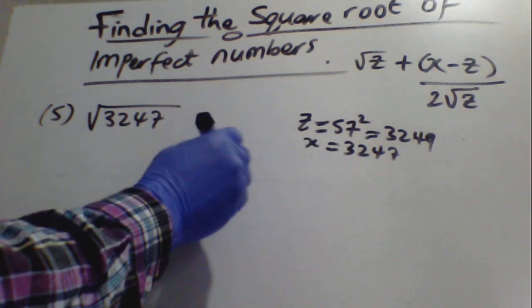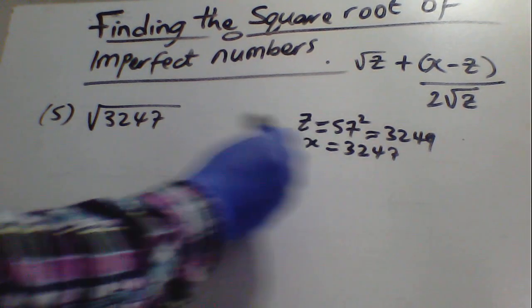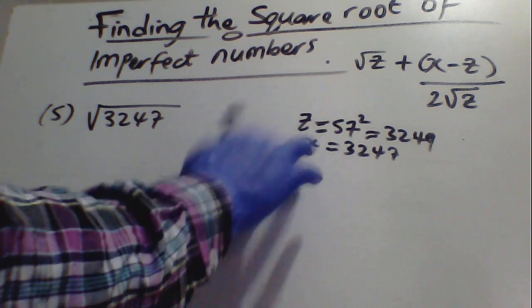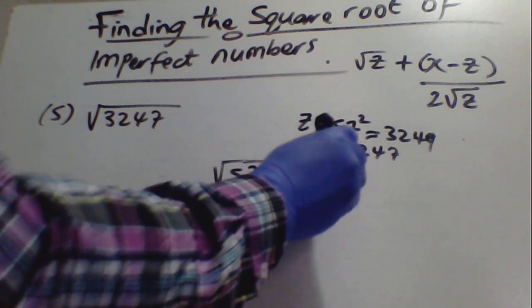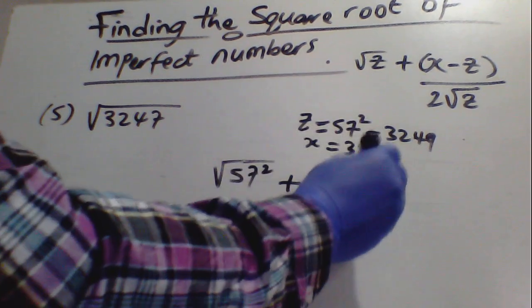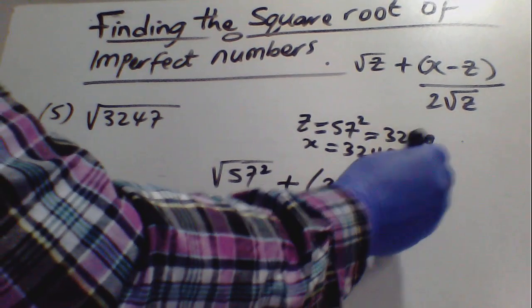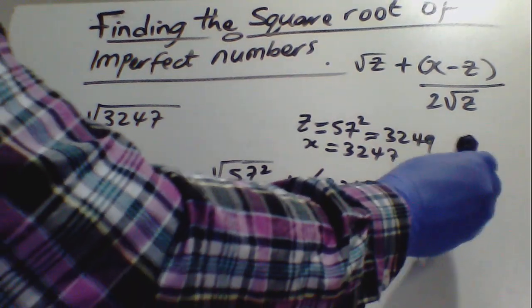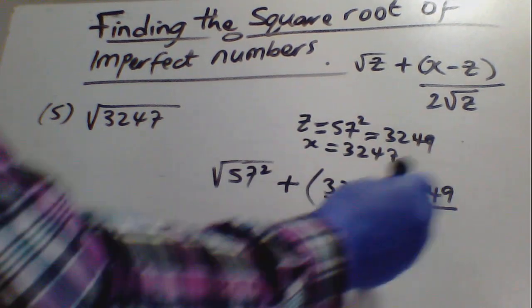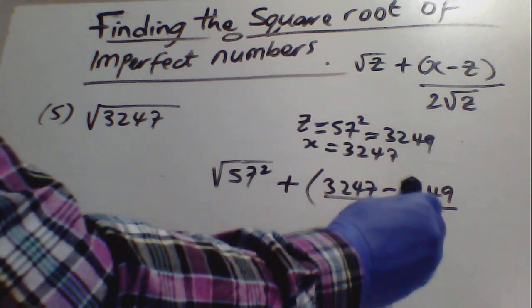Using this formula, you have the square root of 57 squared, plus in brackets 3247 minus 3249, divided by 2 times the square root of 57 squared.